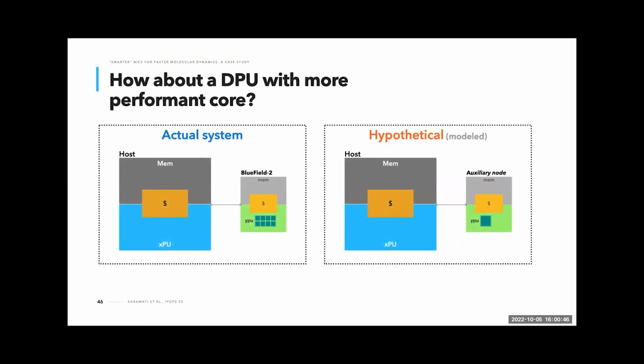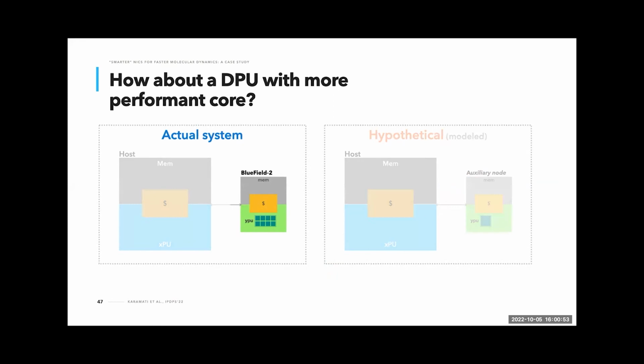Let's now apply the model to analyze an alternative DPU design. The figure on the left depicts the actual system, where a node is a host processor coupled to a BlueField 2.